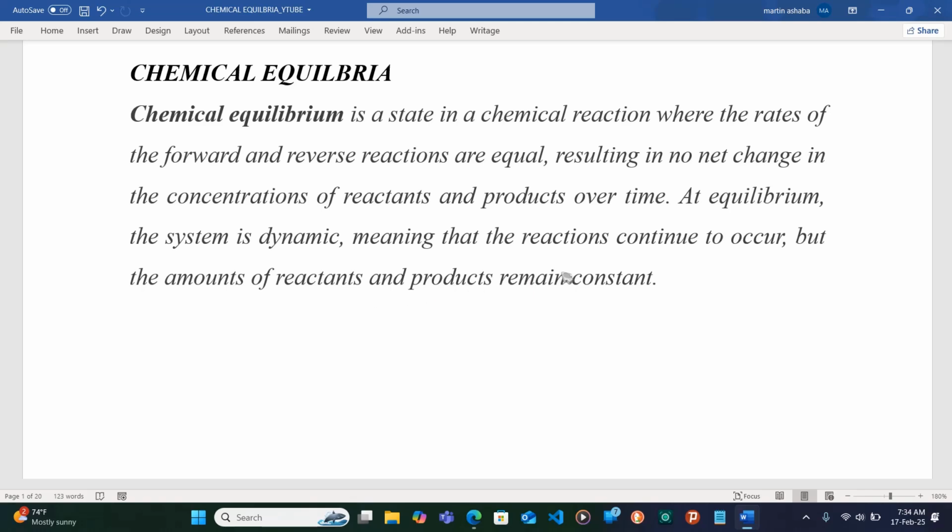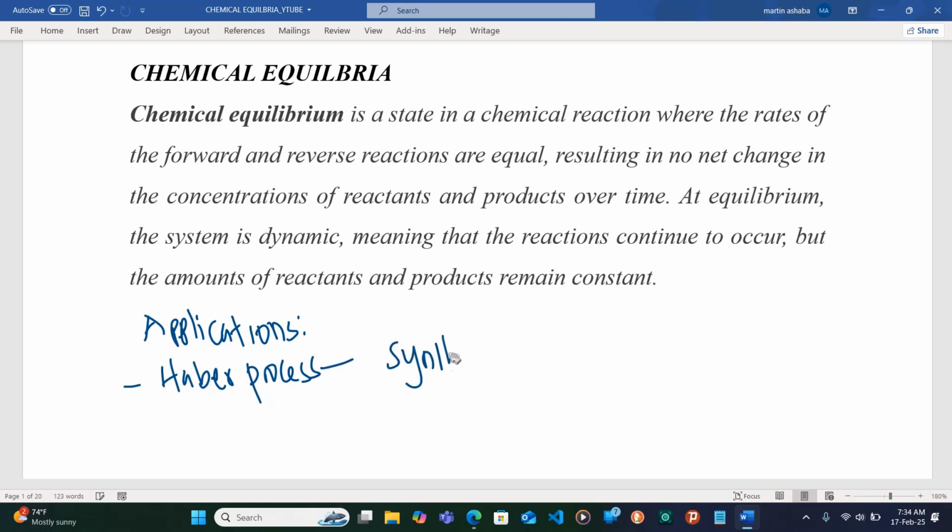So now we have to understand that this is a very important area in advanced level chemistry. The applications where we find chemical equilibrium very important is in the Haber process. The Haber process is a process through which we do synthesis of ammonia.